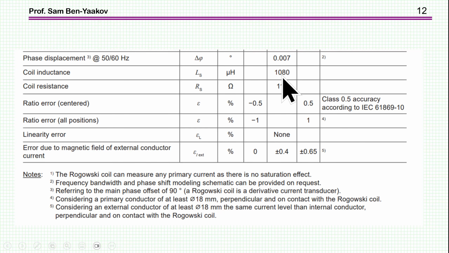This is because they obviously have very many turns in the coil in order to get a good response at 50 or 60 hertz. Now, the parasitic resistance of the coil in this case is 113 because they have very many turns of very thin wire, which ends up with a very high resistance.